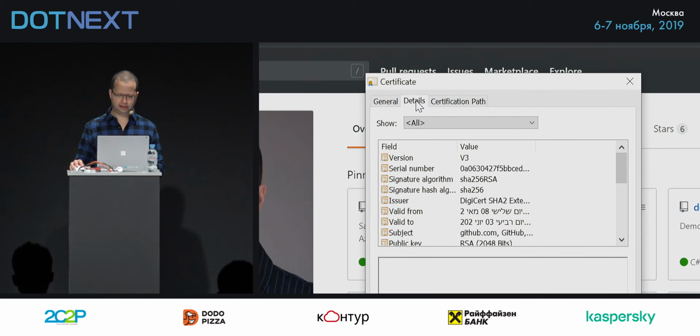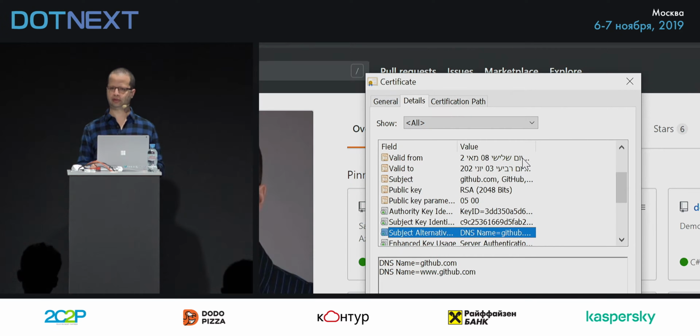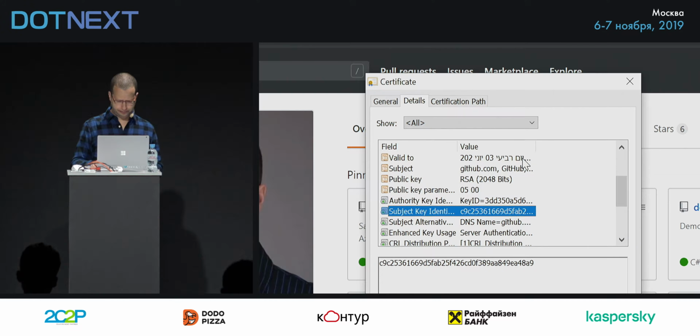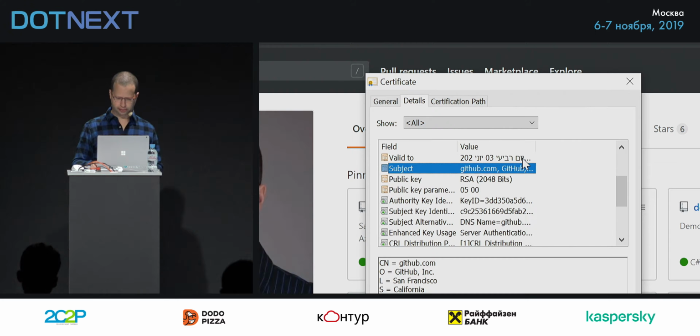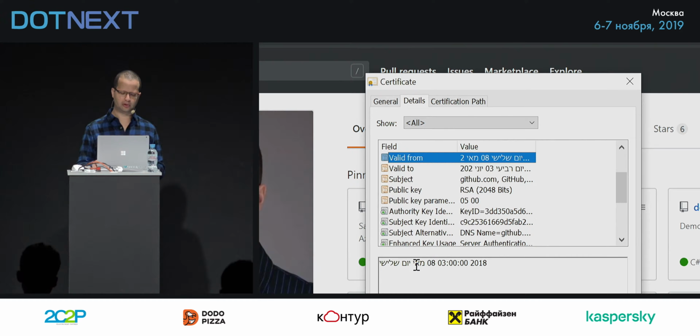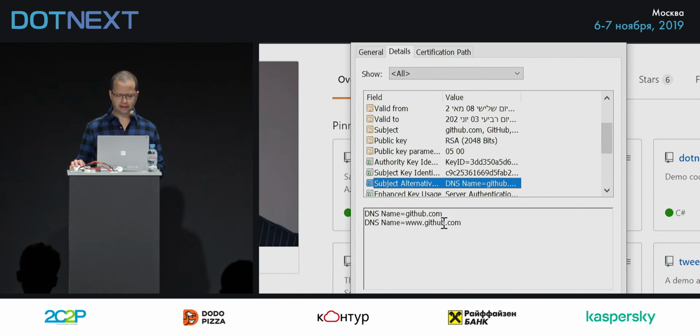And if I go to the details, we have all these fields which are called X509 extensions. These are small pieces of data you can add to the certificate. So for example, I have the subject up here. So here we go. The subject is github.com. Again, we have the validity, and we have some more information. For example, subject alternative name. These are the domain names this certificate allows.